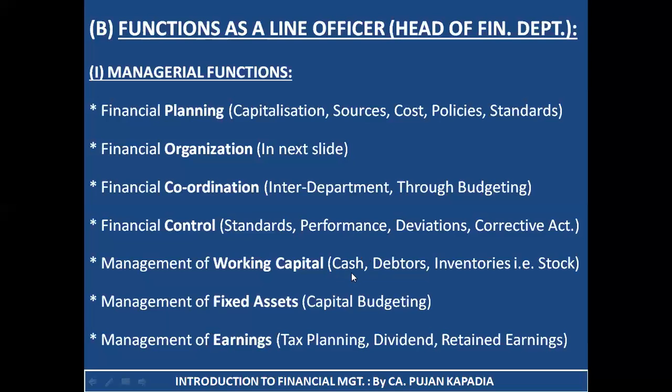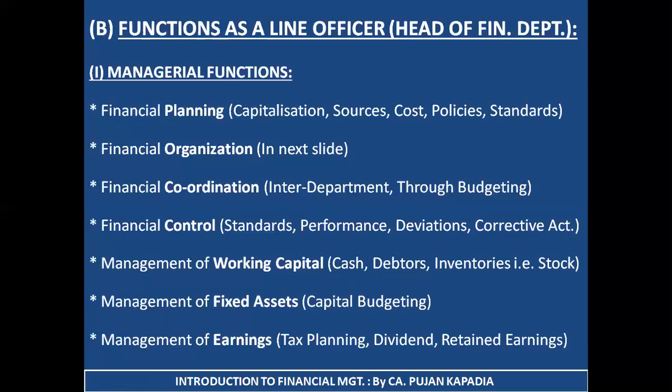First is managing my cash. Now, you all know you require cash basically for three important functions. First is transaction, that is for the day-to-day work you are doing. Second is precautionary motive, that is in case some contingency comes up, you should have a provision with you so that you can easily face that particular challenge.